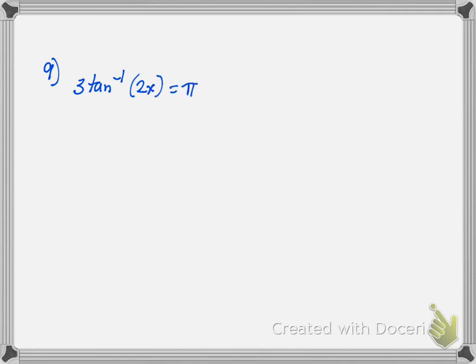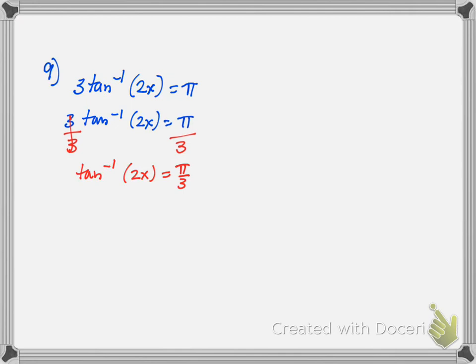All right, what I'm going to do first is try to isolate x. So I'm going to divide both sides by 3, and what I do to one side, I have to do to the other. So I get inverse tangent of 2x equals pi over 3. My next step is to get rid of that inverse tangent.